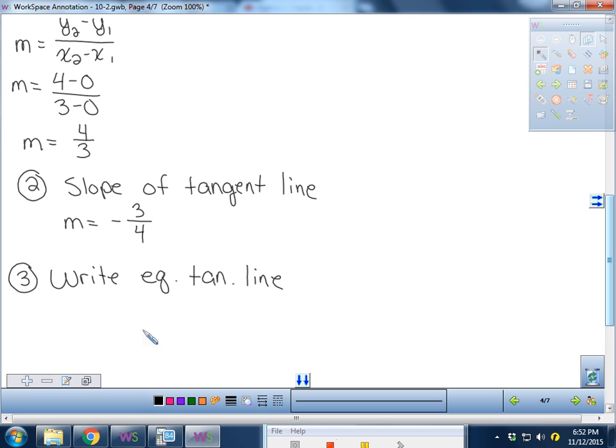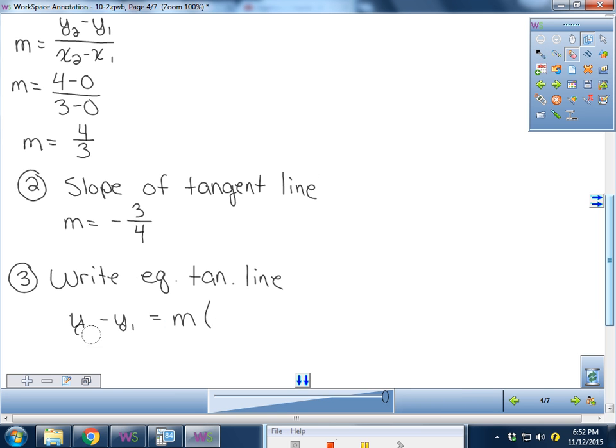So step number 3, you're going to write the equation of your tangent line. I'm abbreviating here. To write the equation, you're going to put it in point slope form. That gives you y minus y1 is equal to m times x minus x1.